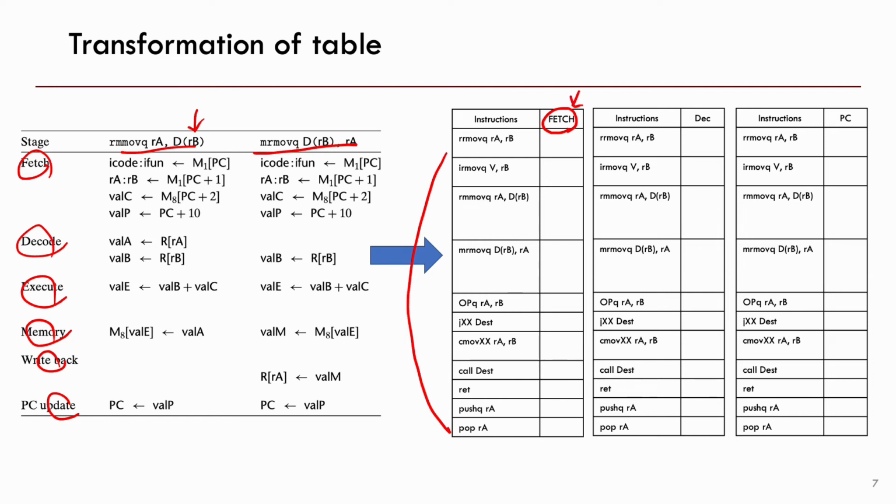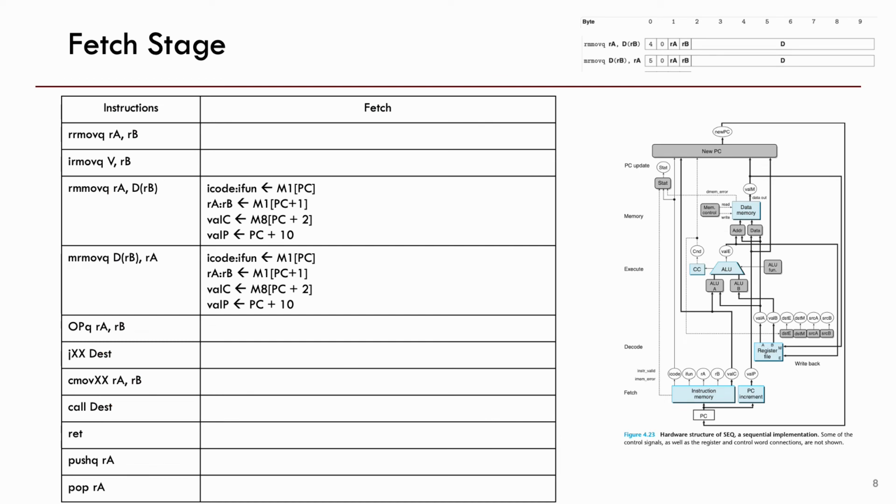Because we will implement stage by stage, we just need one stage but all instructions. That's why it will be very useful. When you study or revisit this table to get familiar with all the computations, you can transform it from the left to the right.